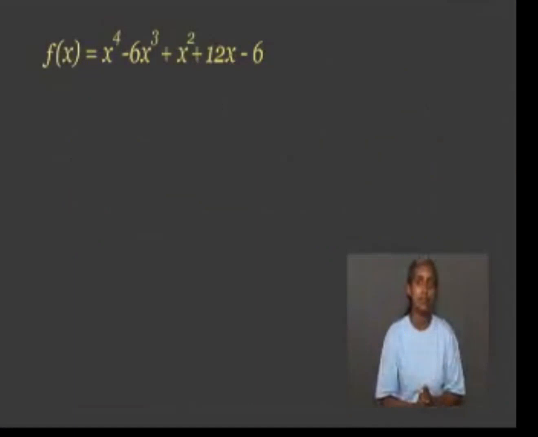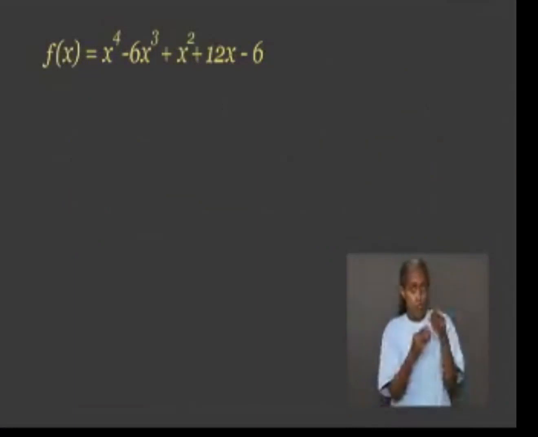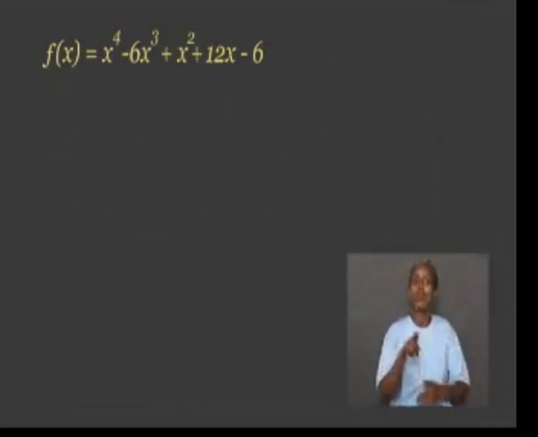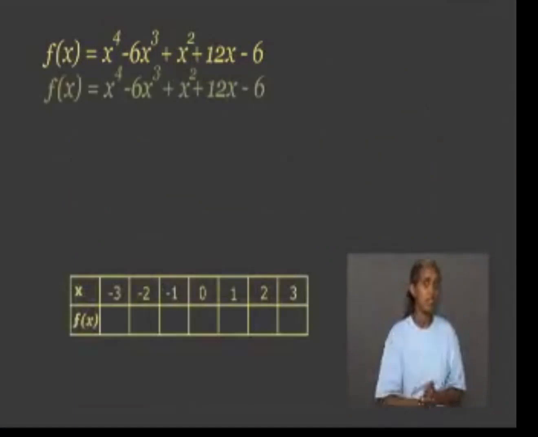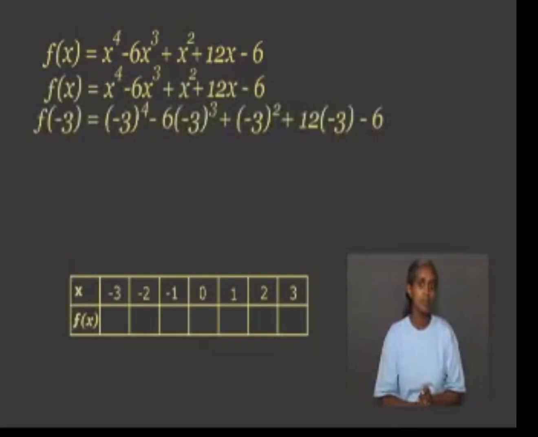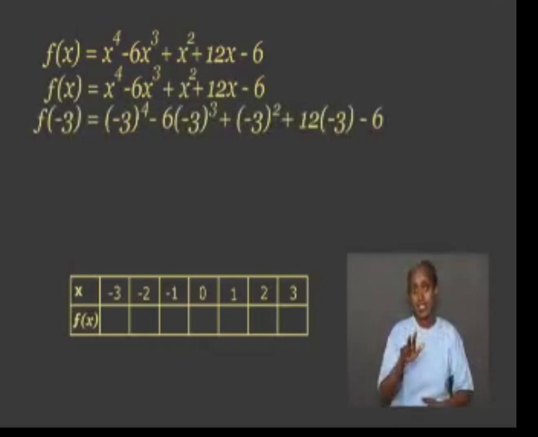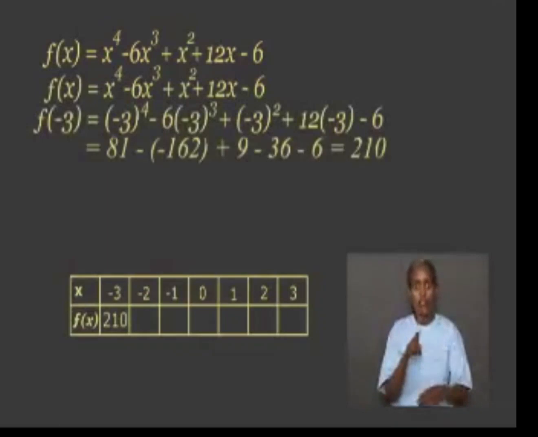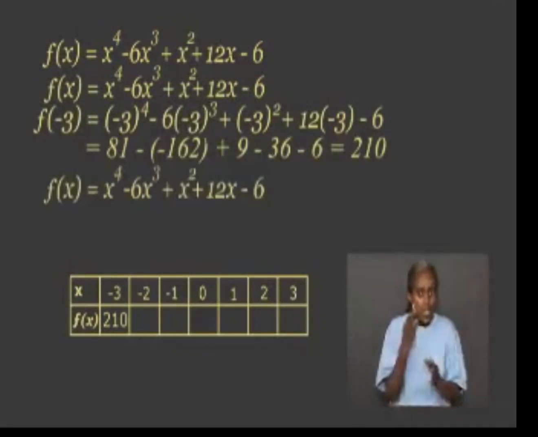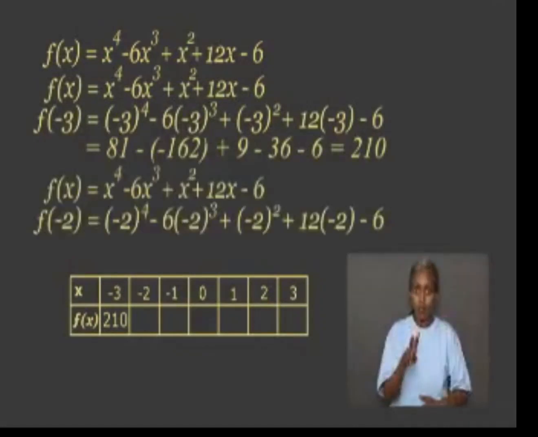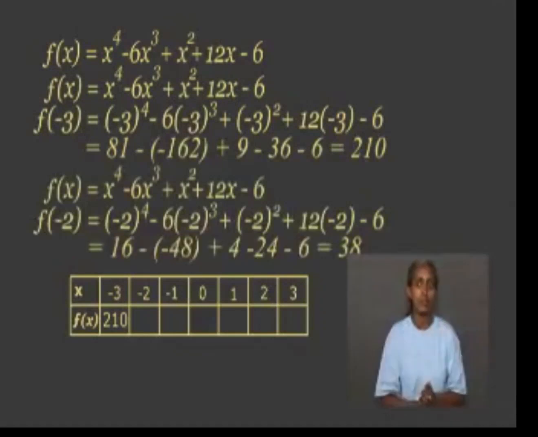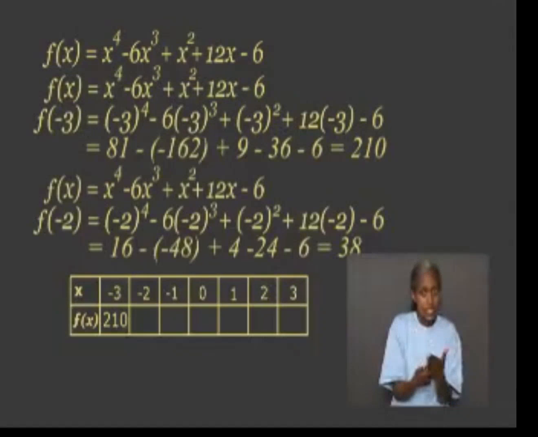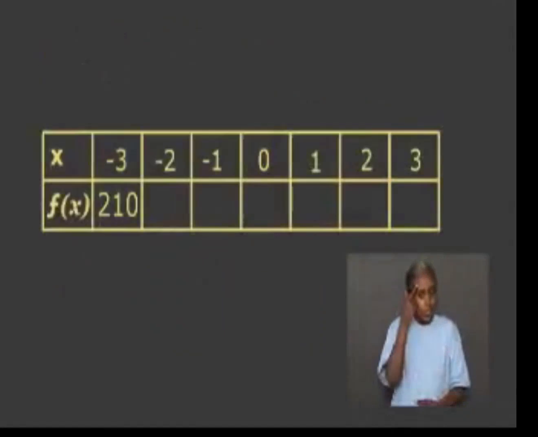Let us construct a table for values of x, like this. If x equals -3, f of x equals 210. If x equals -2, f of x equals 38. In this manner, we can build a table of values for x between -3 and 3.